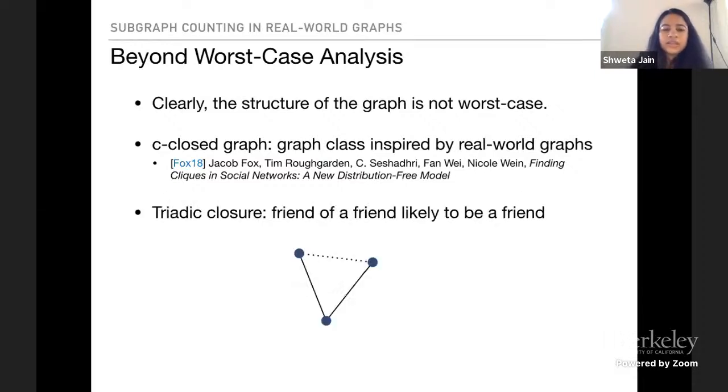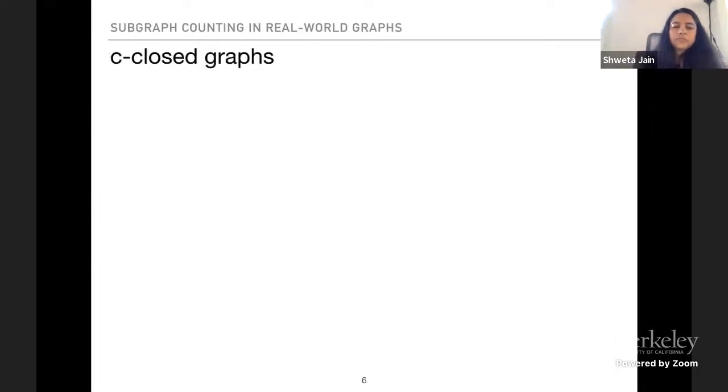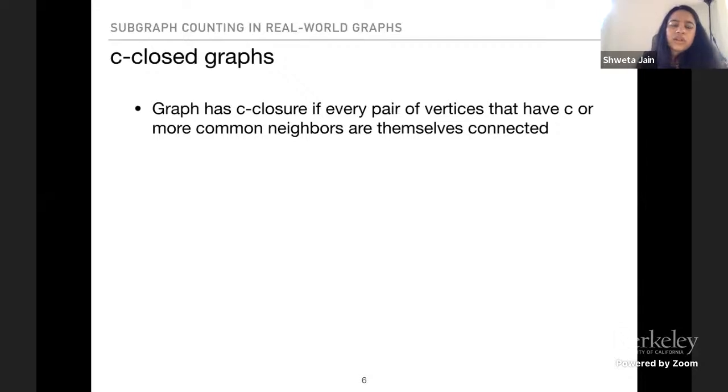The idea here was to capture the notion of triadic closure, which is a property that a lot of real-world graphs show. Essentially, it says that a friend of a friend is likely to be a friend. So a lot of these 2-paths tend to be closed into triangles. The formal definition of this graph class is: a graph has c-closure if every pair of vertices that have c or more common neighbors are themselves connected.